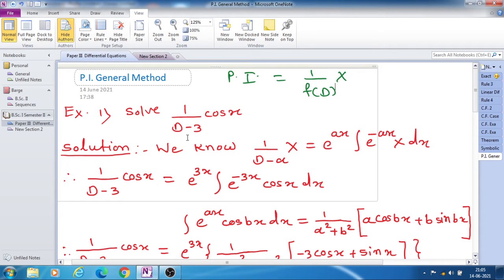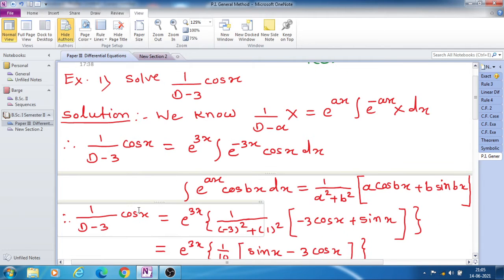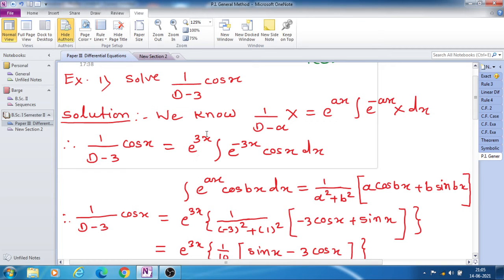Suppose we have to solve 1 upon D minus 3 into cos x. To find this value we use the formula 1 upon D minus a capital X is equal to e raised to ax integral e raised to minus ax into capital X dx. So 1 upon D minus 3 cos x is equal to, here a is equal to 3 and capital X is equal to cos x.